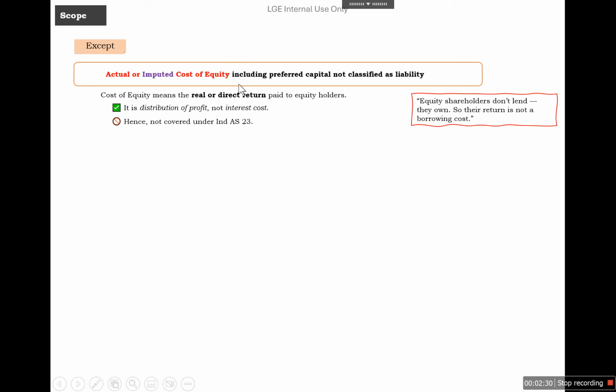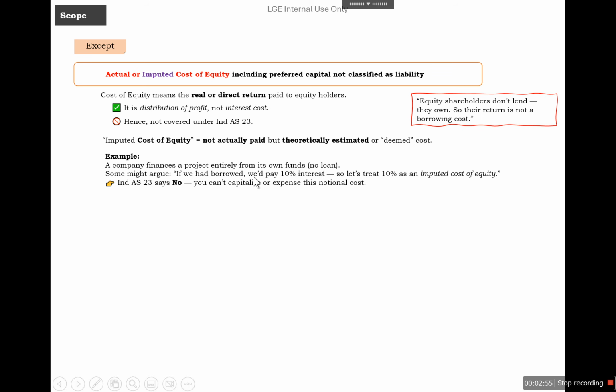So another terminology that is used in this is imputed cost of equity. What is the meaning of imputed cost of equity? Imputed cost of equity means a cost that is not actually paid but theoretically estimated or deemed. For example, a company that finances a project entirely from its own funds without taking any loan. So someone may argue that if we had borrowed, we would have paid 10% of interest. So let's treat 10% as an imputed cost of equity and capitalize it.